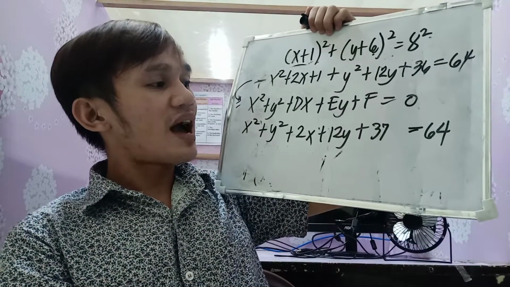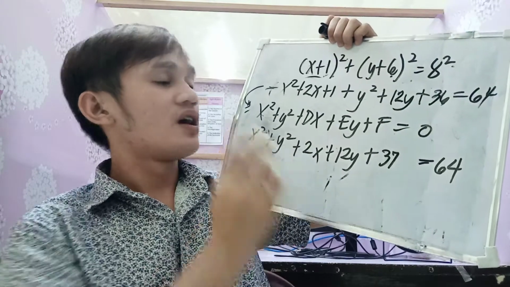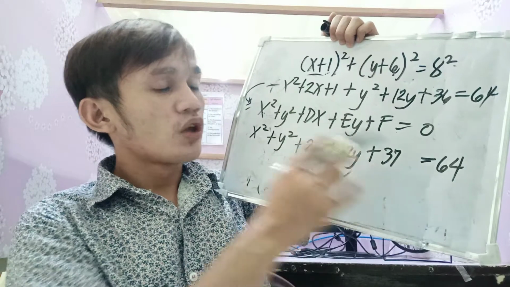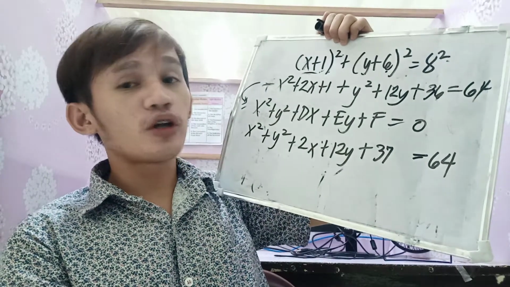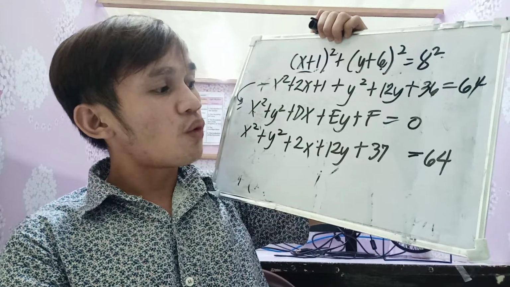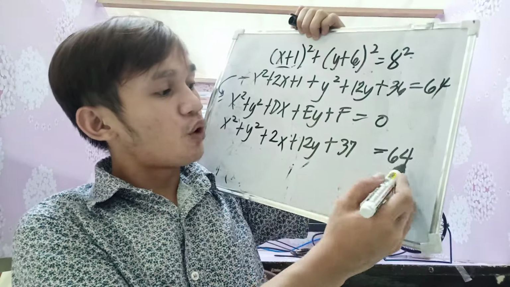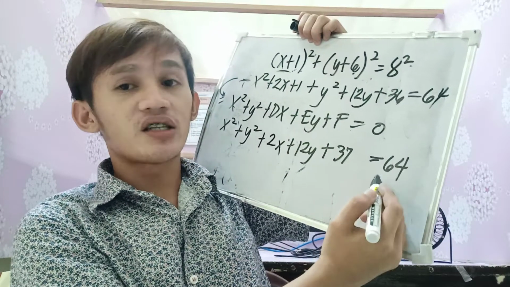So in order for us to convert that or to have this general form, you need to use the subtraction property of equality, wherein you are going to subtract 64 from both sides in order for us to cancel 64 here.